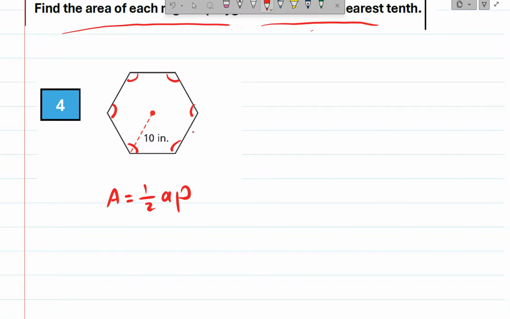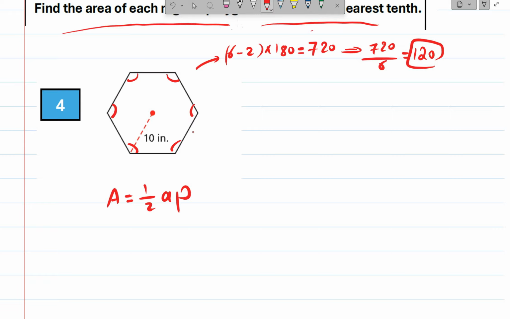If you go back to section 2, we know that (6 minus 2) times 180 is equal to 720. Then divide 720 by 6, you get 120. So each of these is 120. Agree? But when this line bisects this one, it's going to be 60 and 60.